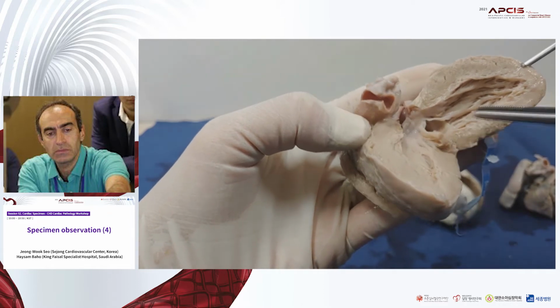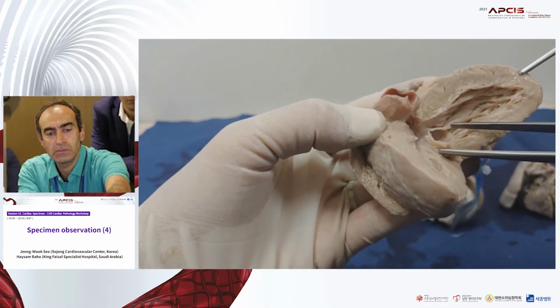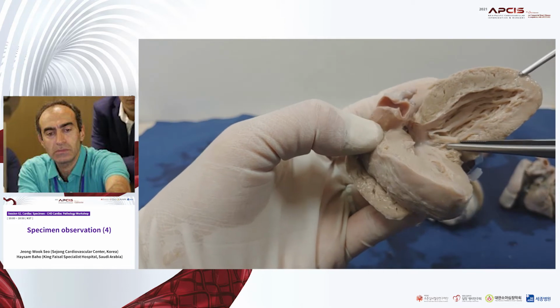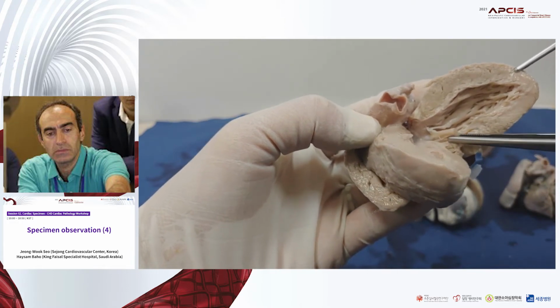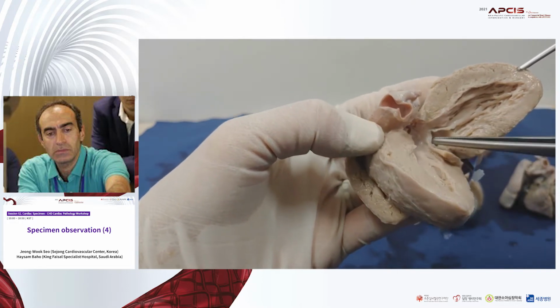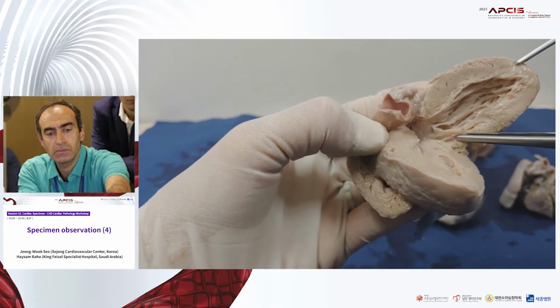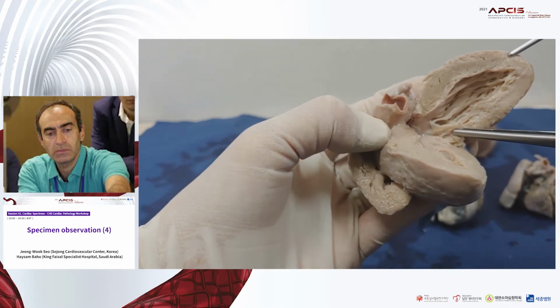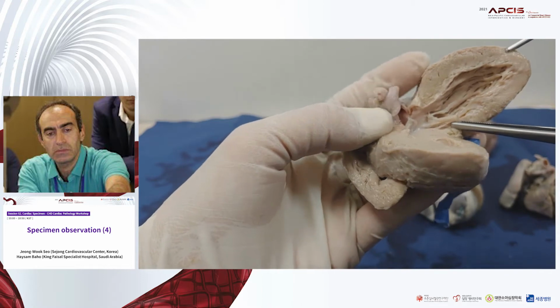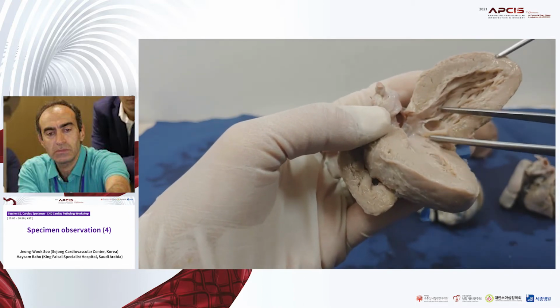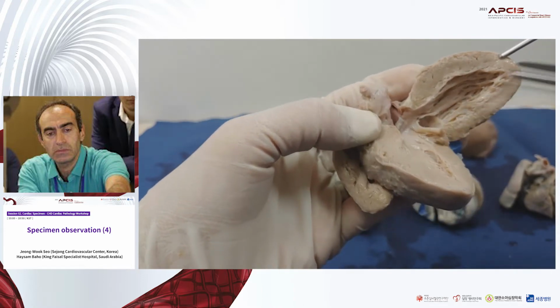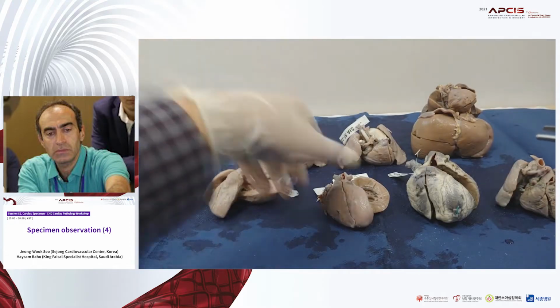And that can cause an inflow compromise to the left ventricle, or restriction of inflow to the left ventricle, which further complicates the disease, and that sometimes also can be treated interventionally by balloon valvuloplasty. So this patient has two obstructive lesions on the left side, mitral and aortic.